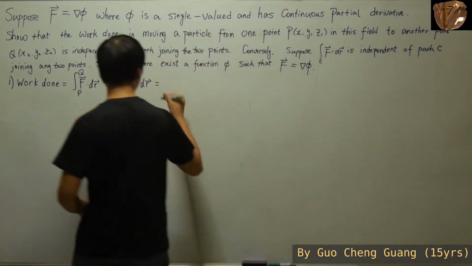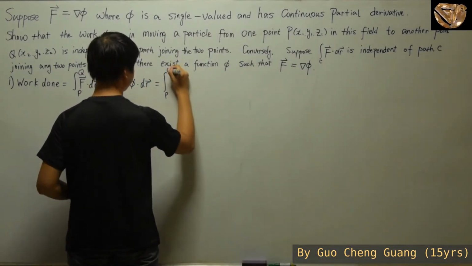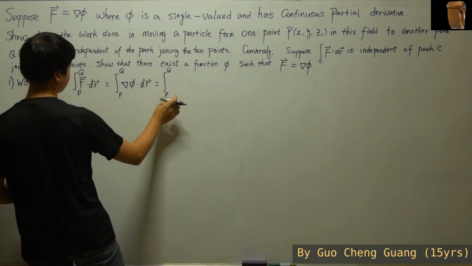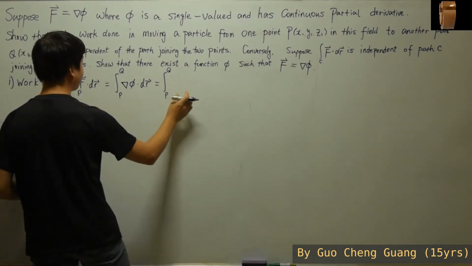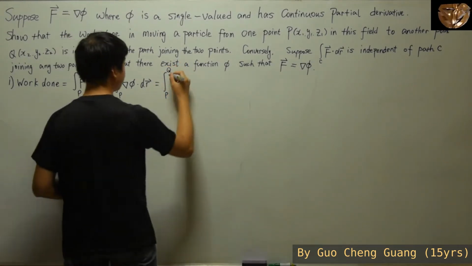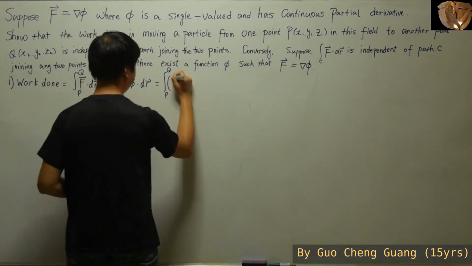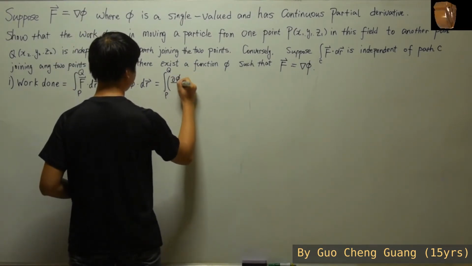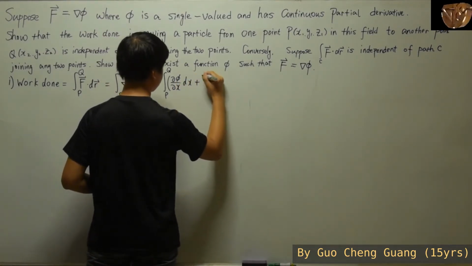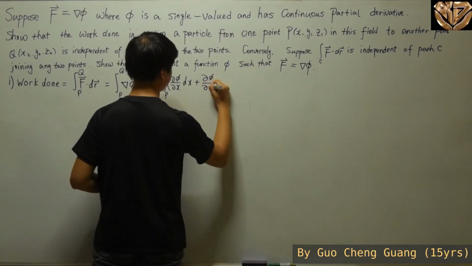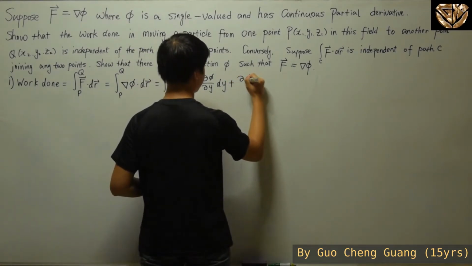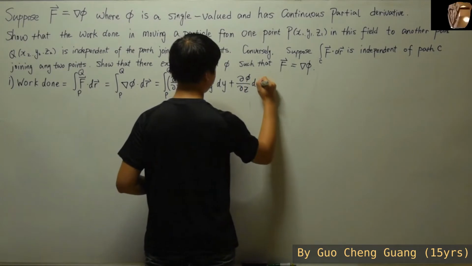So from P to Q, or if you want, you can also write this as from x1, y1, z1 to x2, y2, z2. Then you have partial phi partial x dx, plus partial phi partial y dy, plus partial phi partial z dz.